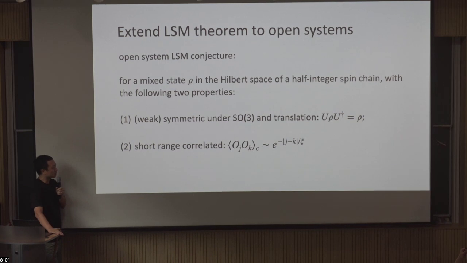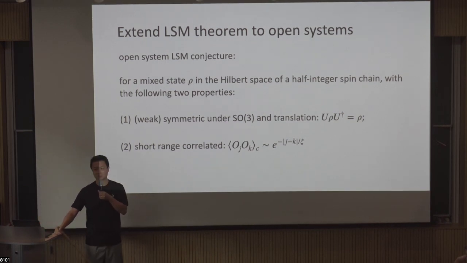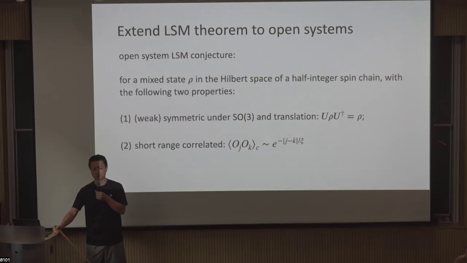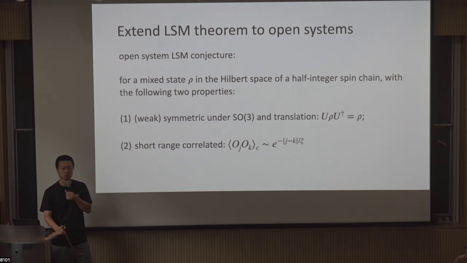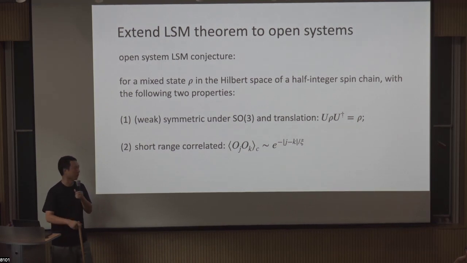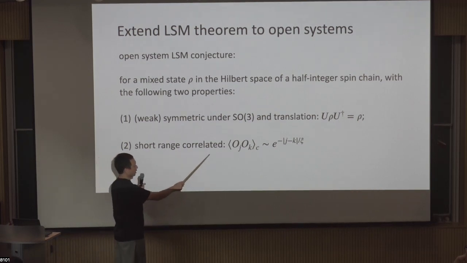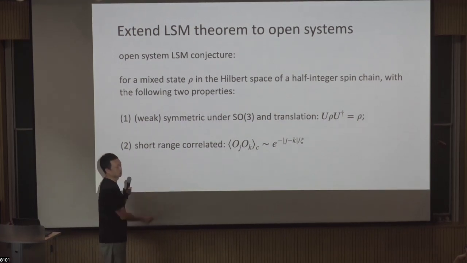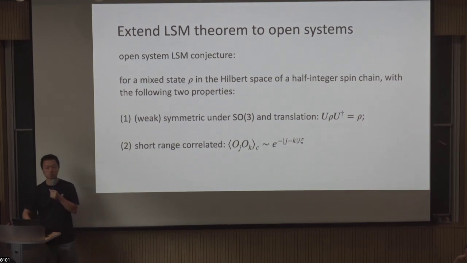I hope to use some kind of recovery map, so that's why I impose conditional mutual information. But for 1D, maybe mutual information also works. Anyway, if we want to formalize it, let me impose conditional mutual information.